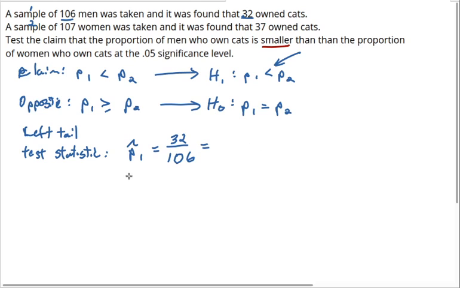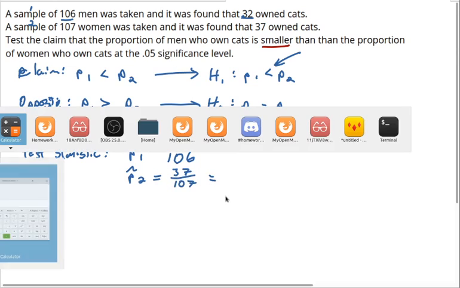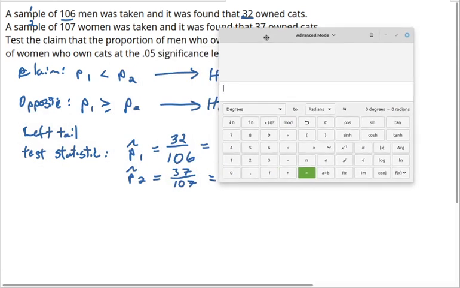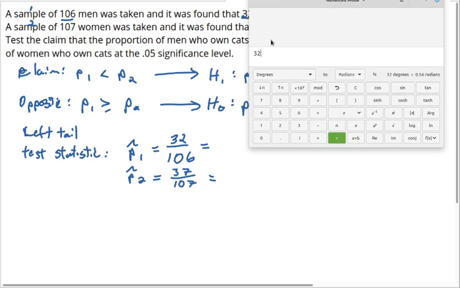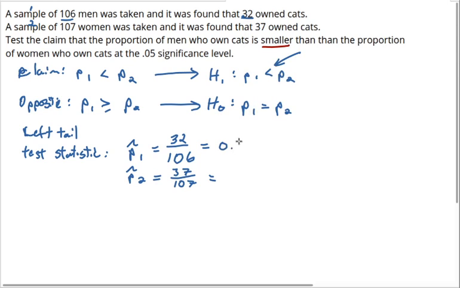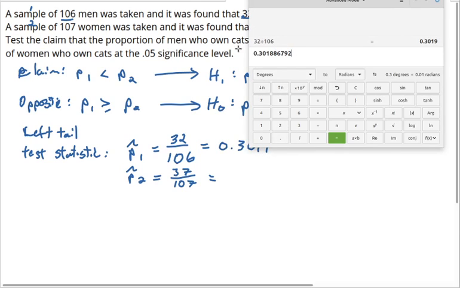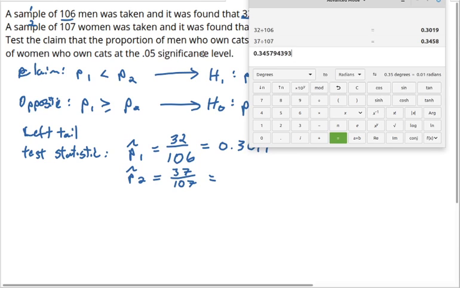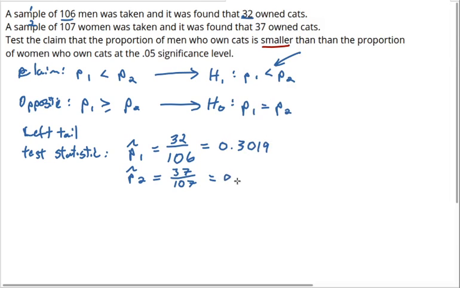And then we also need P2 hat, which is the proportion of women who own cats. So let me calculate these really quick. 32 divided by 106 gives me about 0.3019. And now let's get the women. 37 divided by 107. And we'll call this 0.3458.